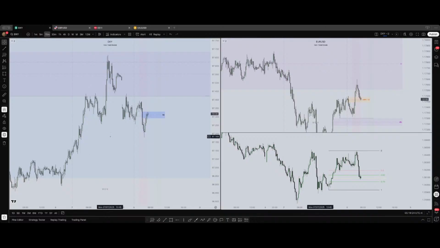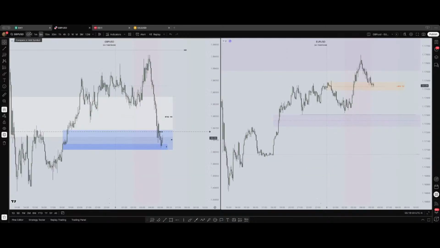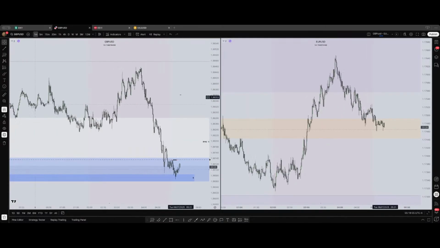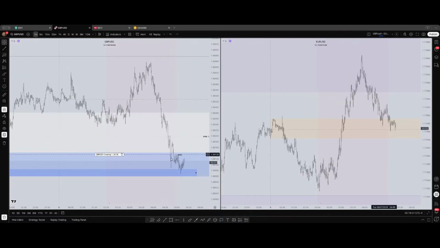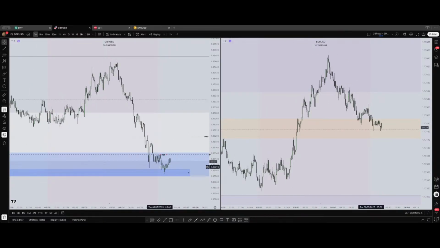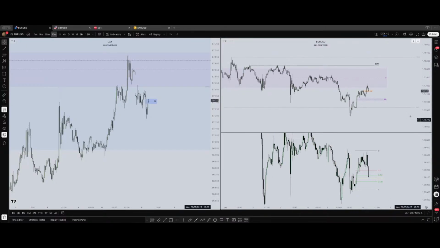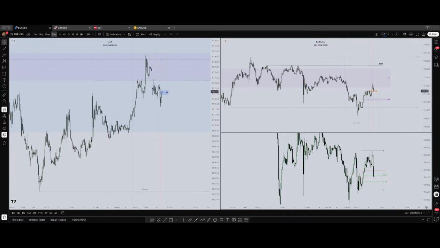So I think the market is just preparing for the movement, making the previous movements before the launching. That's why I'm also interested in higher prices in euro. Before FOMC, I would like to see price going higher here.